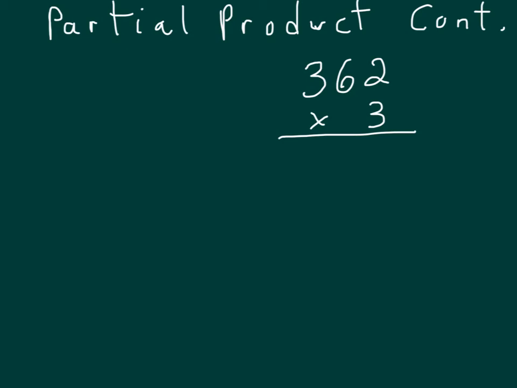Now let's try using the partial product algorithm with a 3-digit number multiplied by a 1-digit number. To set up our problem, we know we're going to have 3 300s. That's what we're multiplying, and that's going to equal 900. Next we have 3 60s.